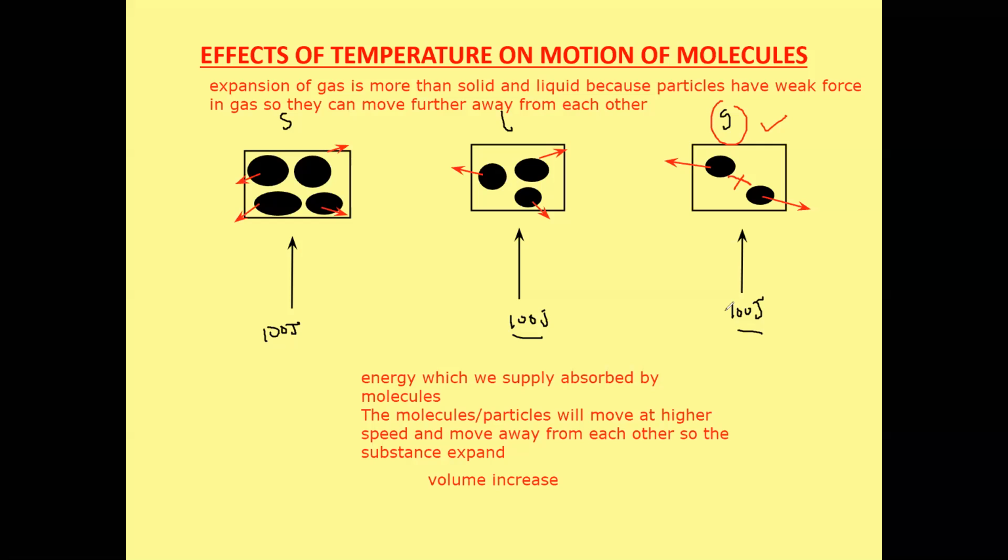When we supply energy, the molecules move faster, their kinetic energy increases, and they move away from each other. Those substances will expand. So if the substance is expanding, what happens to the density? Will it increase or decrease?